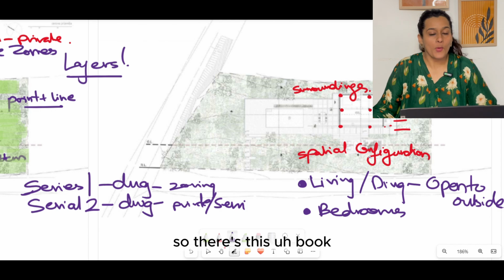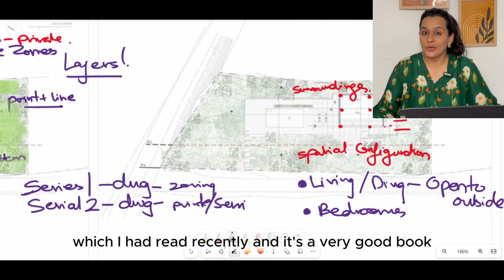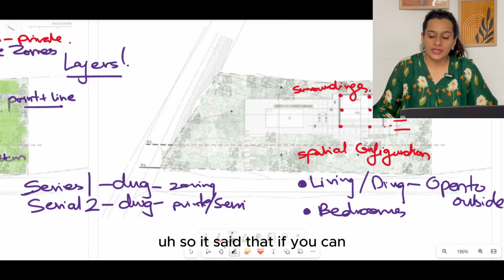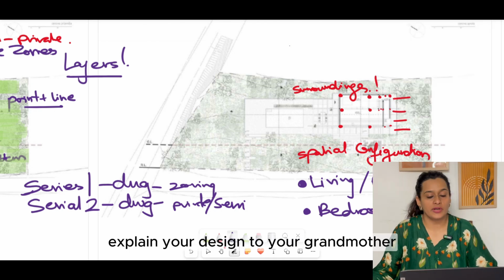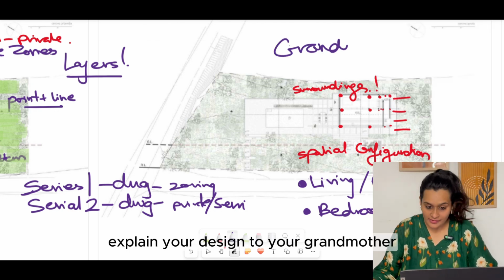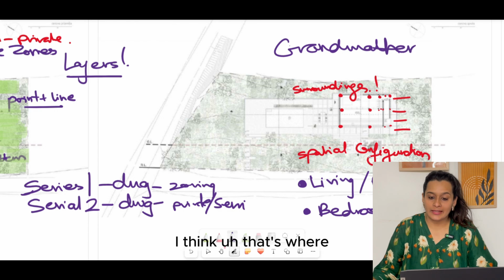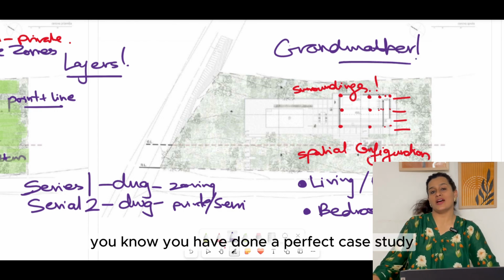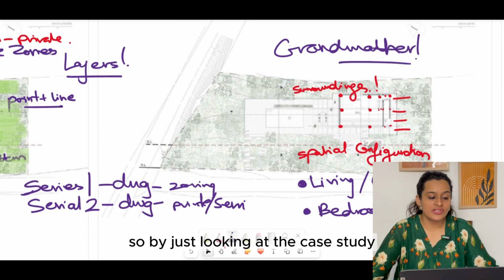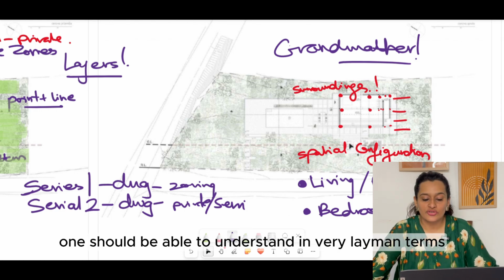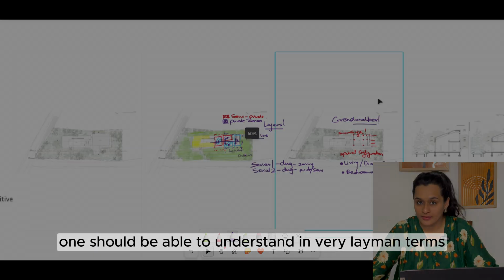There's this book which I had read recently, and it's a very good book. It said that if you can explain your design to your grandmother, I think that's where you have done a perfect case study. By just looking at the case study, one should be able to understand it in very layman terms.